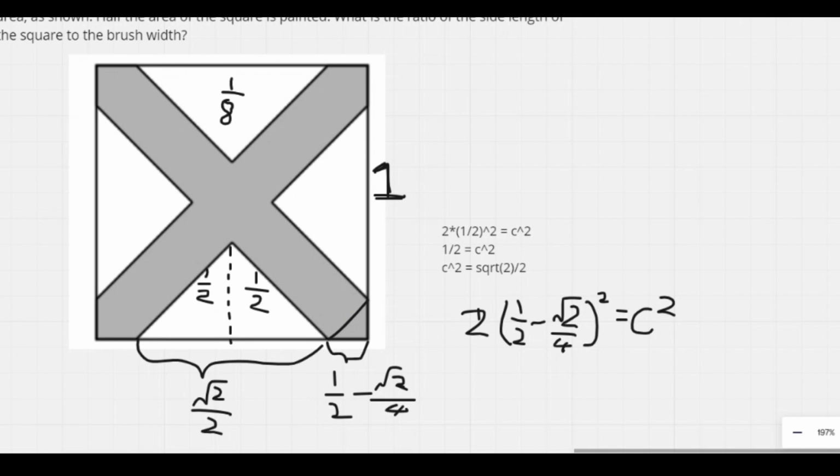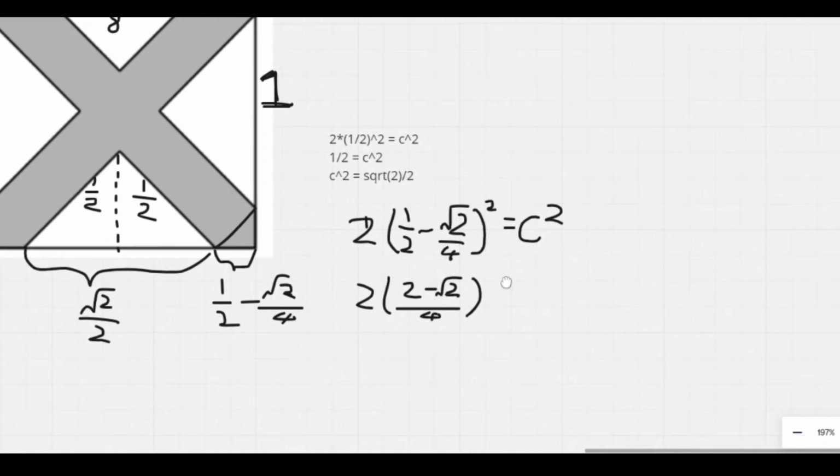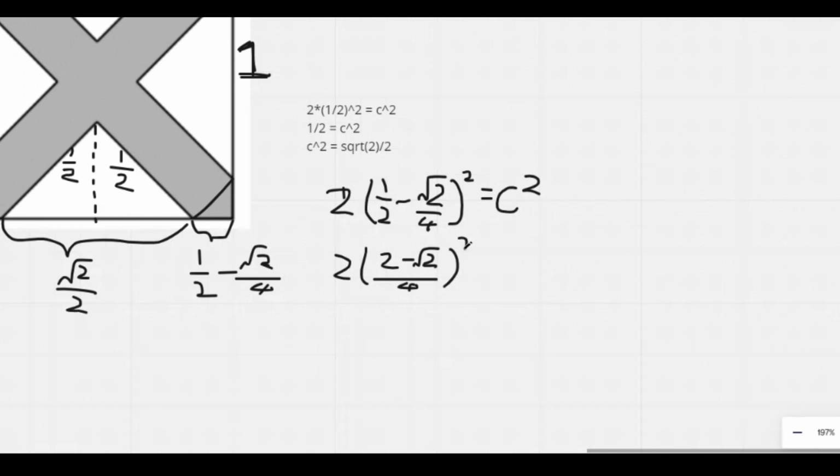So let's have a common denominator. It'll be 2 times (2 minus square root of 2 over 4) squared. And let's square this out.